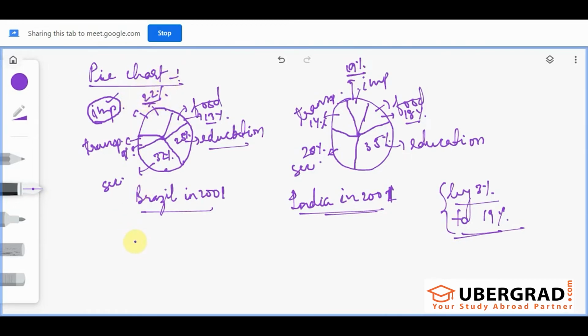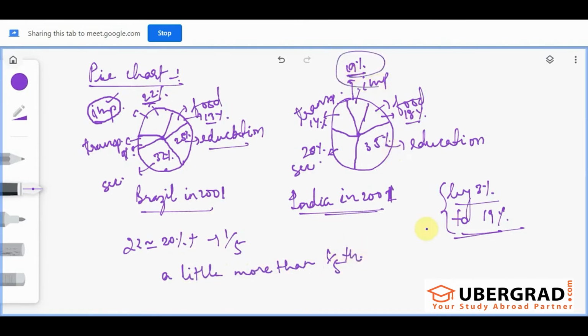So 22% is a little more than 20%, right? 20% is 1/5. So you can write a little more than 1/5. 19%, a little less than 1/5.